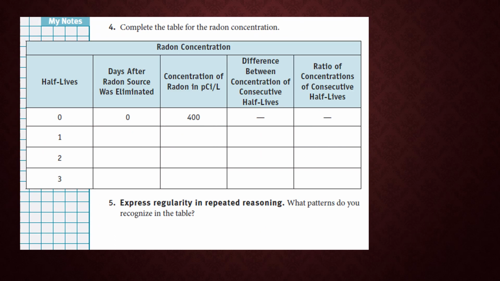So we're going to complete the table for the radon concentration. After 0 half-lives, after 0 days, we started with 400. So 1 half-life, which is 4 days later, we'd have 200 left. The difference between these two is 200, but the ratio 200 to 400 is 1/2.